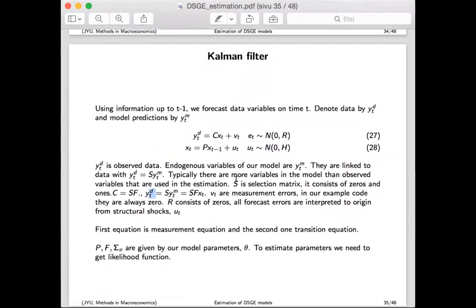And this S is only a sort of a selection matrix. It consists of zeros and ones. So it selects which model variables we link to data. Typically, there are more variables in the model than observed variables that are used in the estimation.